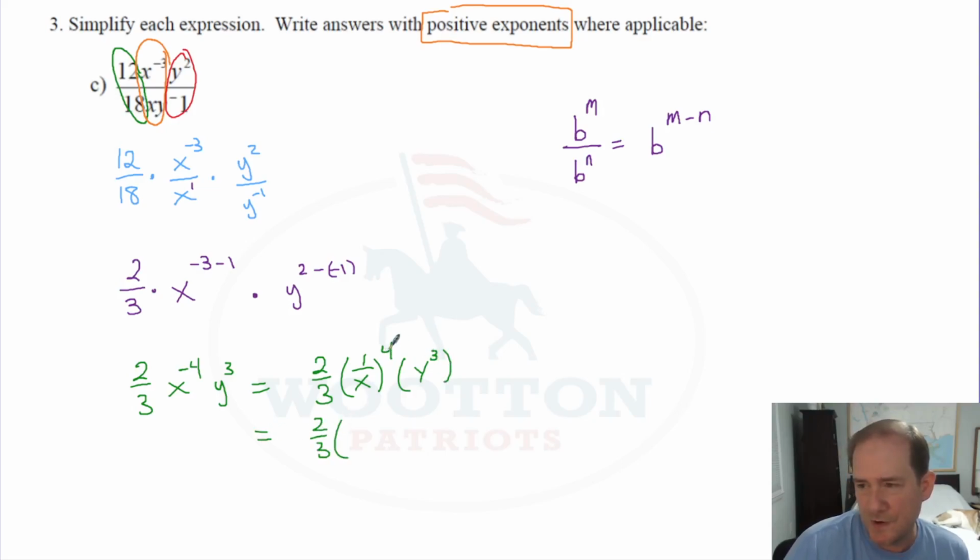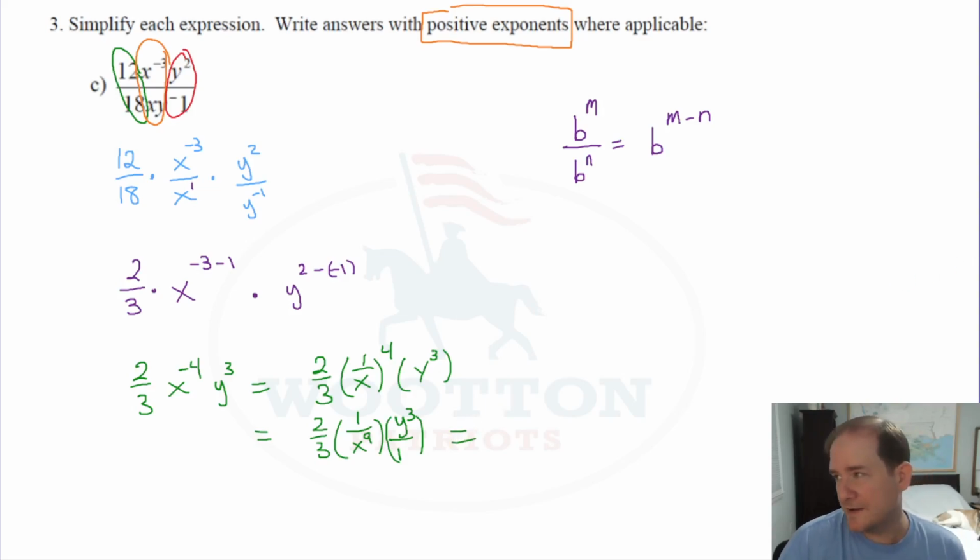And then this 4 essentially just affects the top and bottom. You get 1 to the 4th, which is 1. You get x to the 4th, which is x to the 4th. And then this is y cubed. And since everybody else is a fraction, let's just put this guy over 1 so it looks like a fraction too. And finally, just multiply everything in the numerator. So 2 times 1 times y cubed is 2y cubed.